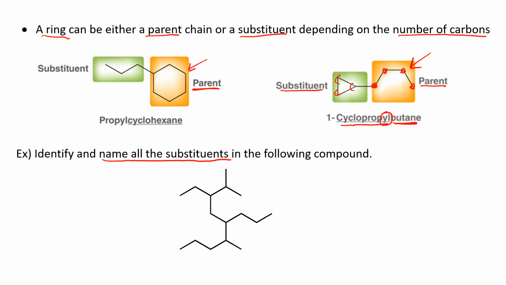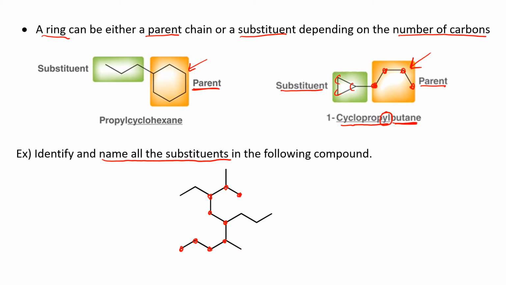All right, hopefully everyone was able to give it a shot. So we have a couple options here for identifying the longest parent chain. We could say 1, 2, 3, 4, 5, 6, 7, 8, 9. That gives us 1, 2, 3 substituents. Or I could have done 1, 2, 3, 4, 5, 6, 7, 8, 9.